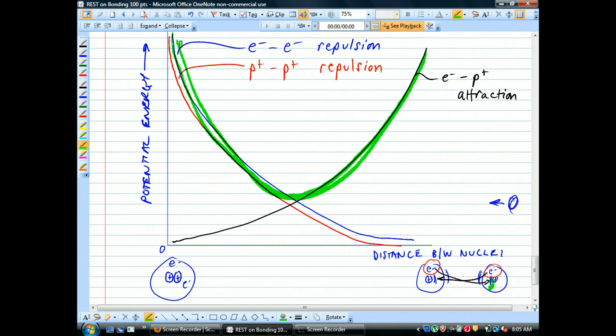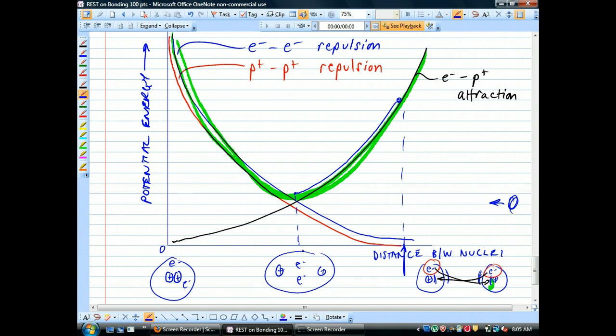We start with the principle that systems, things, tend to move to the lowest potential energy. So look at our x-axis. That's the distance between the nuclei. What this is telling us is if our system starts out here at this distance, it's going to move until it's at the low point, something like that, where the atoms have merged their electron clouds, but the nuclei are not touching.